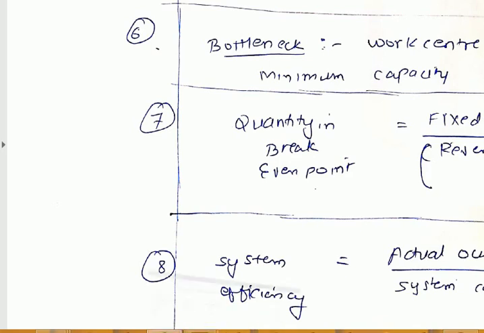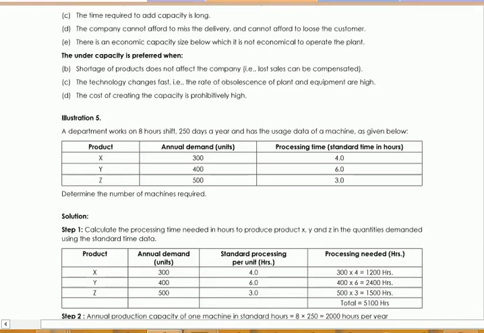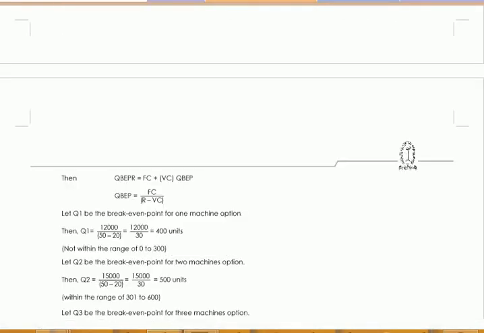For the first machinery, fixed cost is 12,000, revenue is 50 and variable cost is 20. So the break-even quantity for one machine is 400 units.